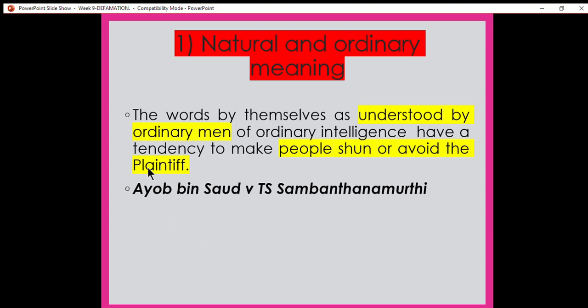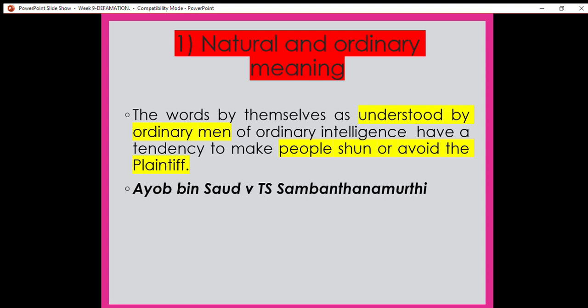Okay, you may refer to the case of Ayub bin Saud against T.S. Sambatanamurti. What happened in this case is that the plaintiff, a land surveyor who had valued the defendant's land, received a copy of letters sent by the defendant to a third party which stated, "I am surprised that a Chinese surveyor had charged 1,450 ringgits, whereas a Bumiputra asked 4,480 ringgits, which is a daylight robbery."